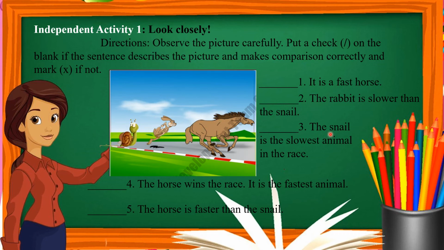Then you will put a check on the blank if the sentence describes the picture and makes comparison correctly, and mark X if not. Like this one, slower than, slowest. Or look at this one, it is a fast horse. Does the sentence make a comparison of the animals here?